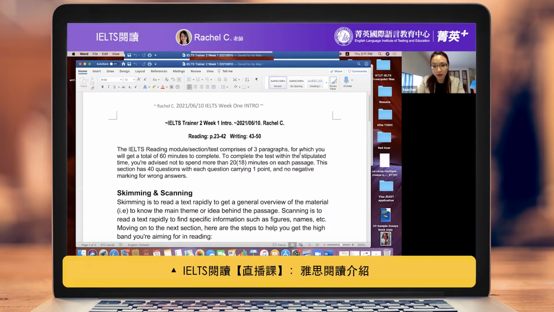Okay, so continue from here. You will get a total of 60 minutes to complete, which means being given 1 hour to finish 3 paragraphs. Then you will get an average of 20 minutes to finish each article. You can see here that I advise not to spend more than 20.